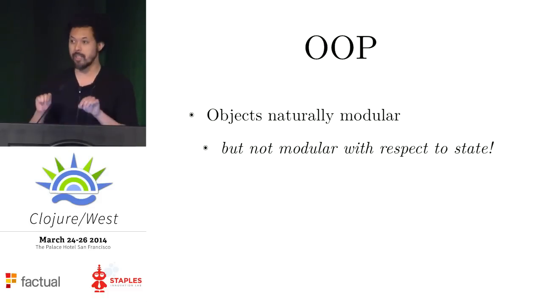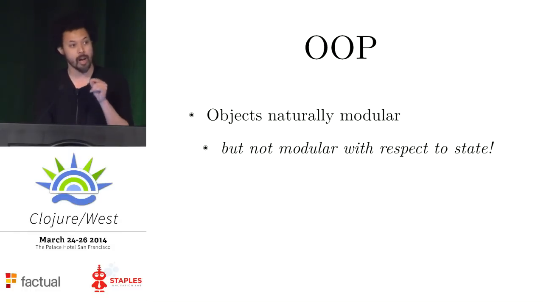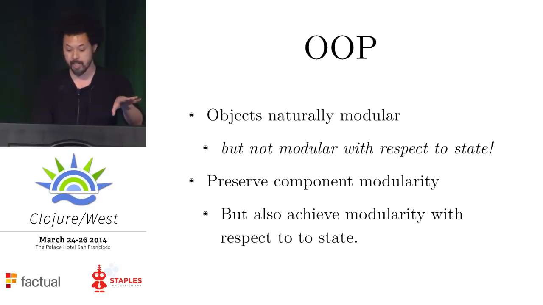But I think that's complecting the fact that we're getting modularity with this bad idea, which is hiding state. I argue that objects are not actually modular with respect to state for this reason. So we want to keep the modularity of objects, but absolutely throw the hidden state thing out the window. By doing this, we'll get modularity with respect to state.